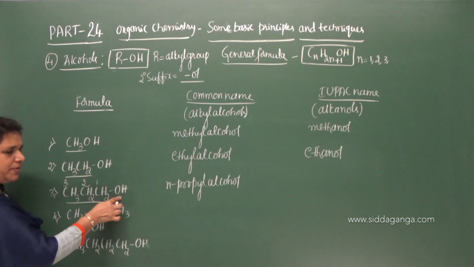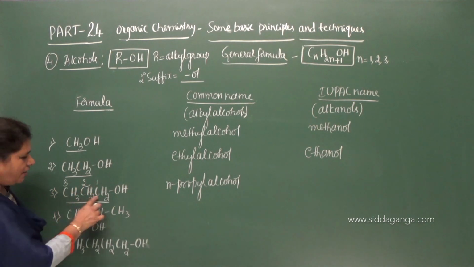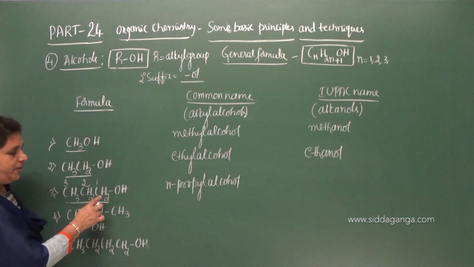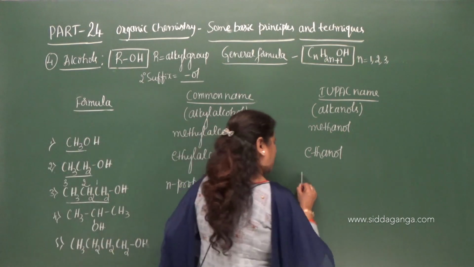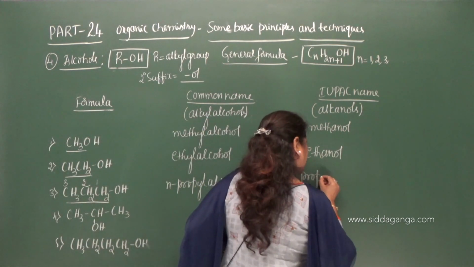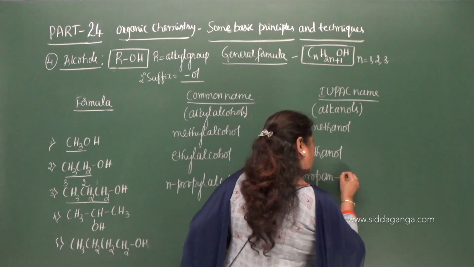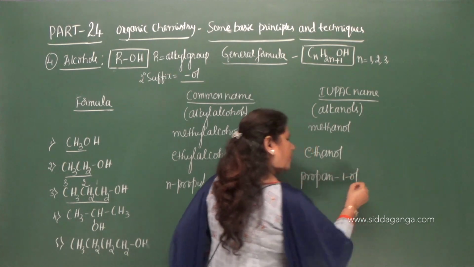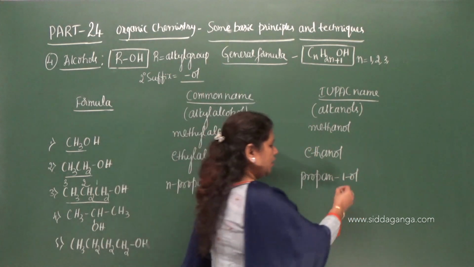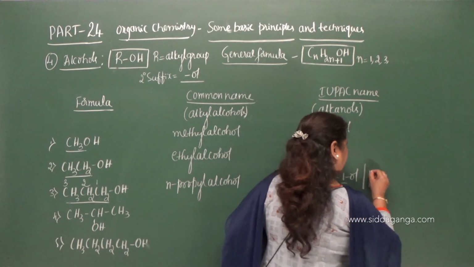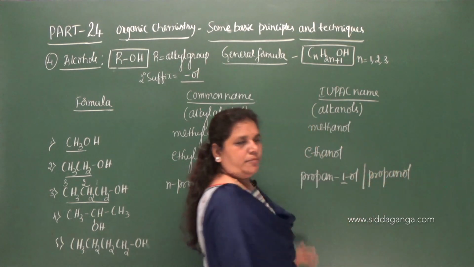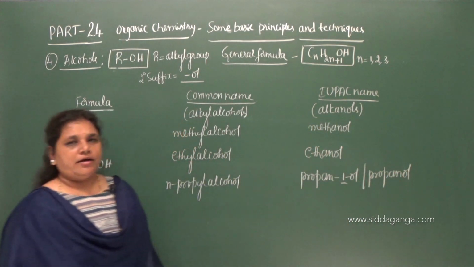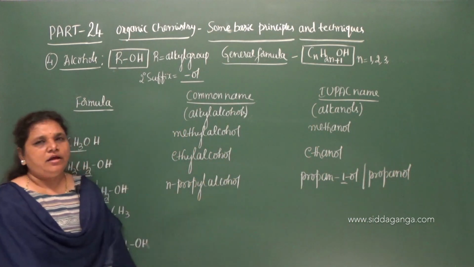To the first carbon, the OH group is attached. Therefore, the name will be propane 1-ol. You can ignore the locant 1, and hence you can write it as propanol. Propanol is the IUPAC name of n-propyl alcohol.